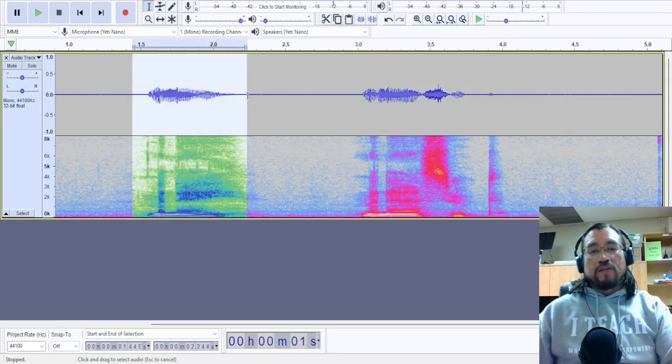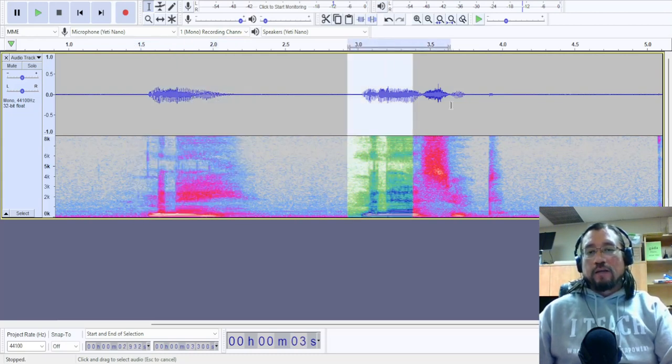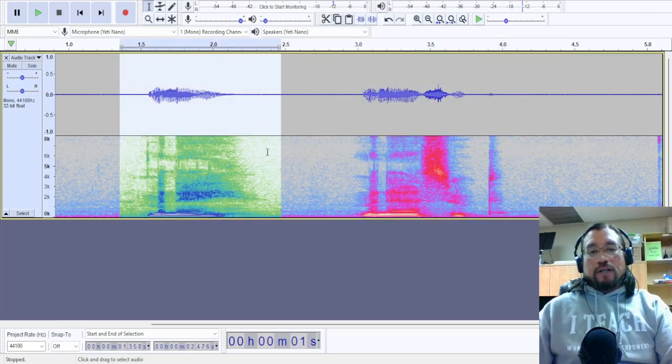So not only is this a mispronunciation, it's also a shortened form. You're leaving out part of the word when you just say mene, as opposed to the full word, which is menasut.